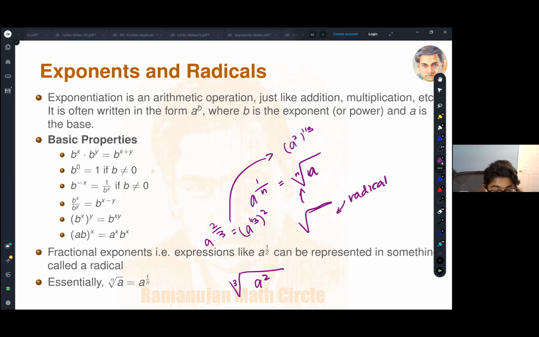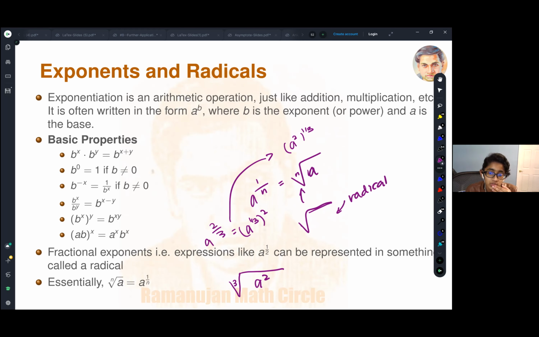So that's how you go about writing radicals. It's pretty straightforward, and I'd encourage you to do quick exercises on how to move to radical form and back to fraction form.